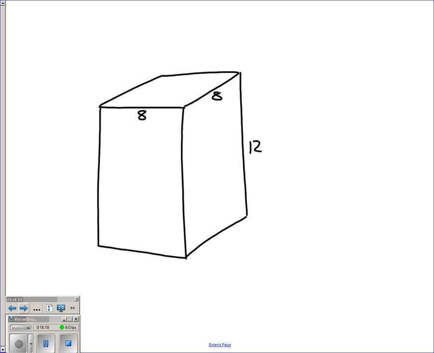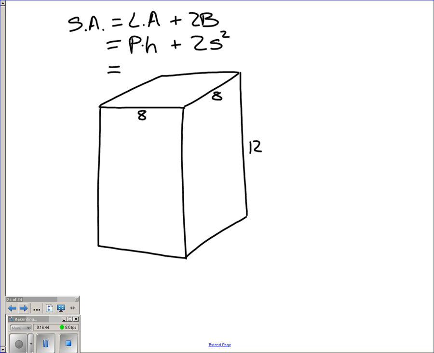Well, for the surface area, the total surface area is the lateral area plus 2 bases, or the more specific, perimeter times height of the prism plus the area of both bases. Now these bases in this problem are both squares. The area of a square is just the side length times itself, or s squared. So let's take a look. What is the perimeter of this base?